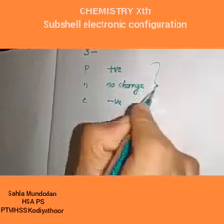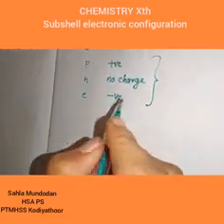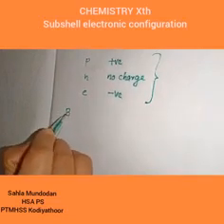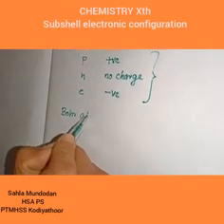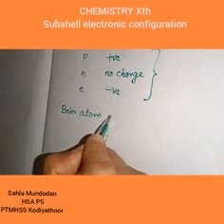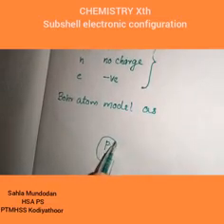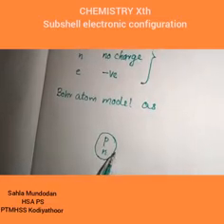These fundamental particles are arranged in the Bohr atom model as follows. Proton and neutron are situated at the center. This center is known as the nucleus.